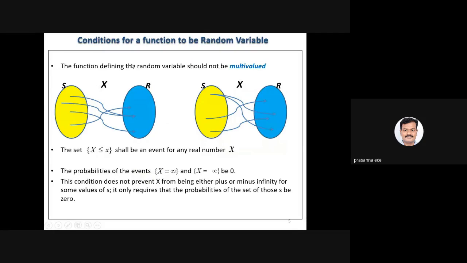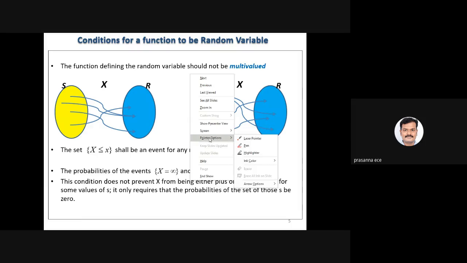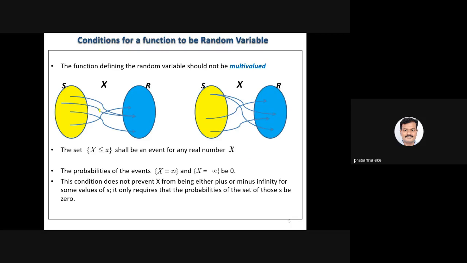Okay. So now we come to the conditions for a function to be a random variable. Okay. So what we have just seen is that a random variable is nothing but a function. Okay, a function is something which maps one set of values, which is called the domain, to the range, right? So the set of values that we can substitute into a function is called the domain of the function, and the set of values that are the result of the function is called the range of the function, right?